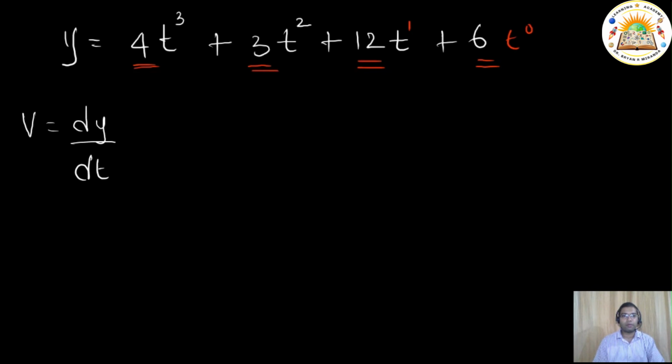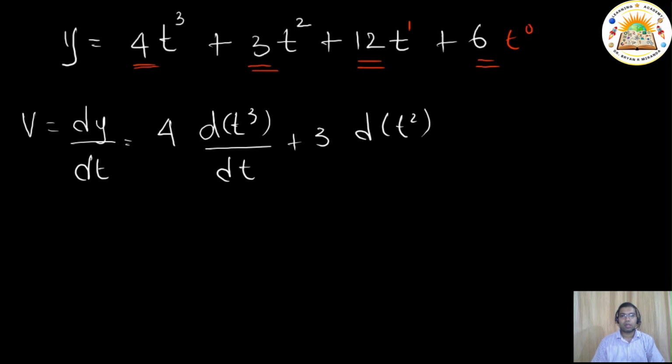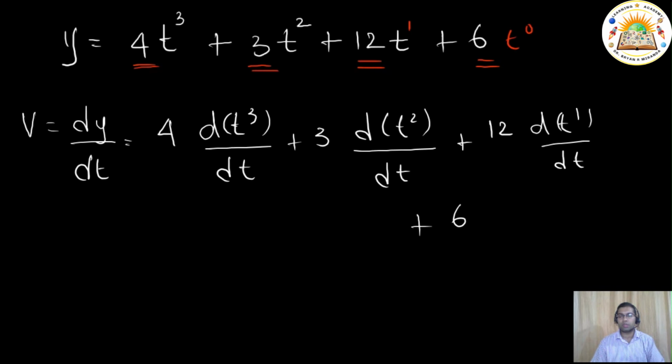Velocity is dy by dt. Now I will write it as 4 d by dt of t cube plus 3 d by dt of t square plus 12 d by dt of t to the power 1 plus d by dt of 6, which is d by dt of 6 t to the power 0.